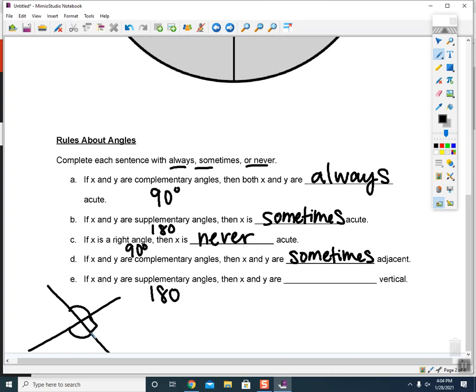So when these intersect at a right angle at 90 degrees, the supplementary angles would be 90. 90 plus 90 is 180. And x and y would be vertical. So we're going to put sometimes, but I might put a note that it's only when x and y are right angles.